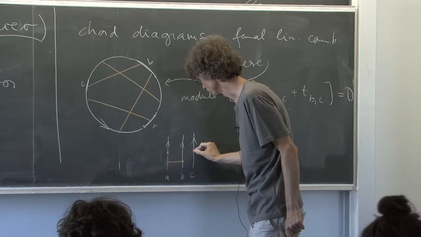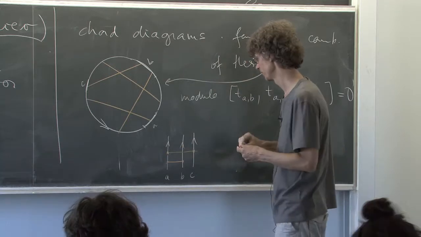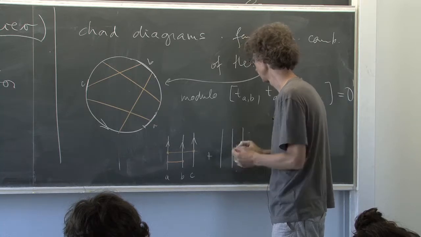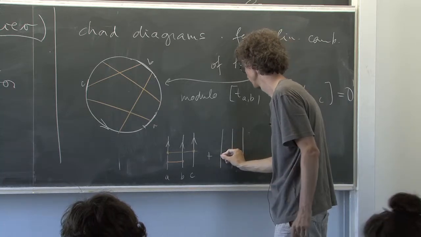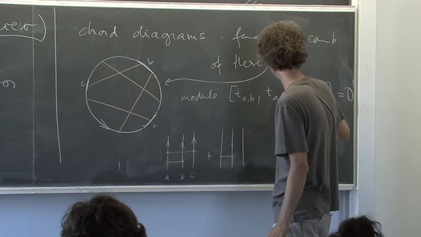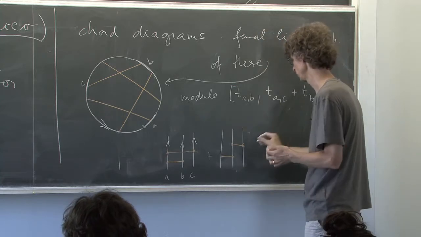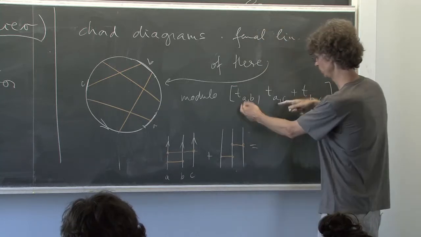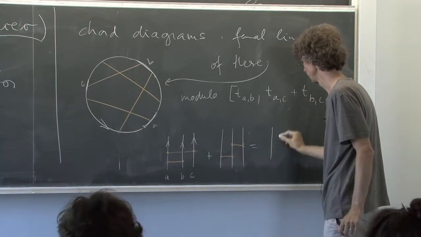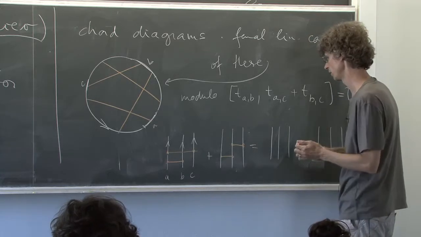So I need to draw those points where it's attached, which is just going around, and plus the same thing. And now BC. So this is the same as when we first multiply by that and only then by that. 1, 2, 3 plus 1, 2, 3.